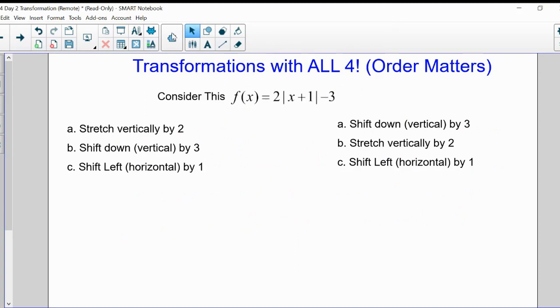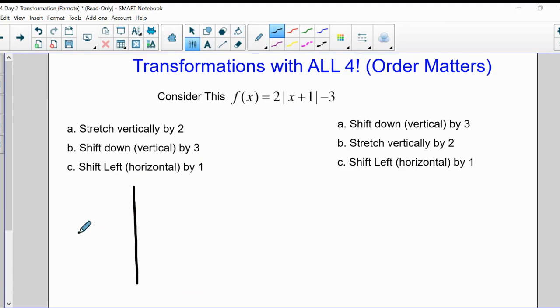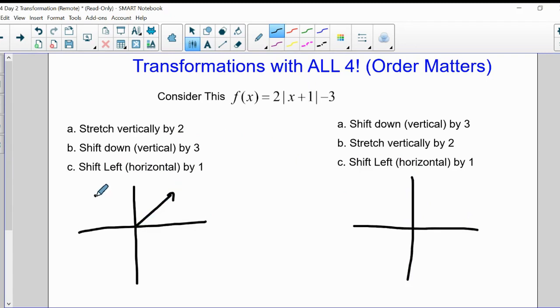Now, transformations with all four. Let's look at what would happen in each of these cases and which one's correct. So this function is the absolute value graph. And then we're going to do some shifting. What happens if we stretch vertically by 2?